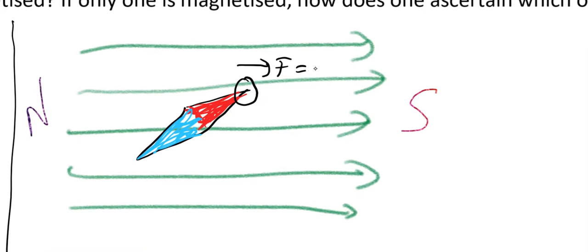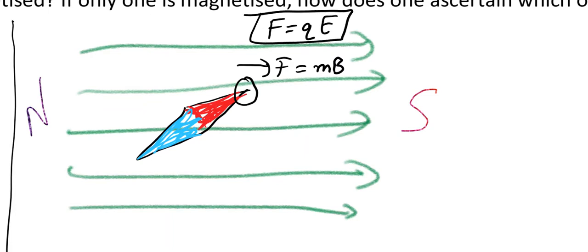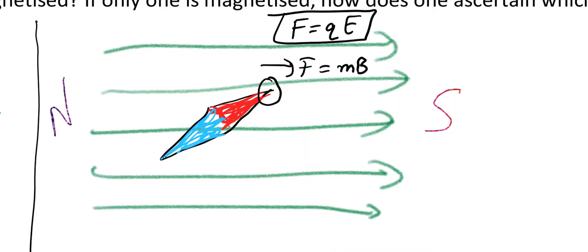How much force? Force is mB, pole strength into magnetic field. If you remember, in electrostatics, we have one force, F is equal to qE. So this is another force: F is equal to qE is force on a charge, F is equal to mB is force on a pole due to the magnetic field. And a similar force you have on the south pole, but in the opposite direction.